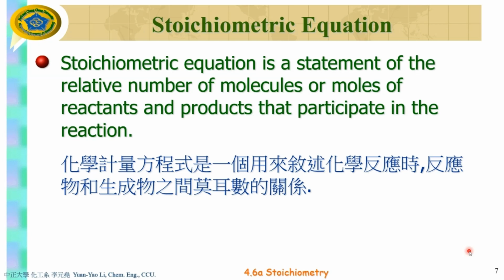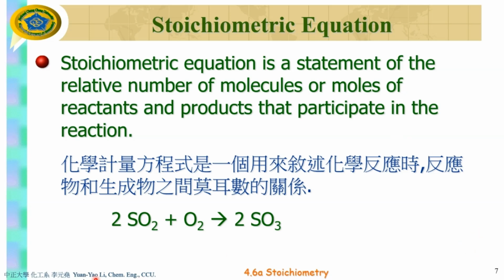I'm sure you understand this because we have Chinese here. For example, if you have 2 moles of SO2 plus 1 mole of the oxygen molecule, and it becomes 2 moles of SO3, it makes sense, right?